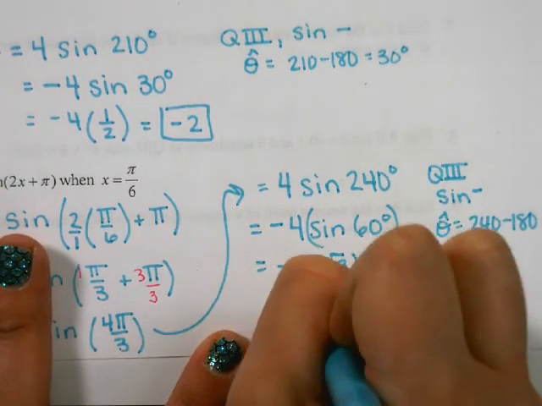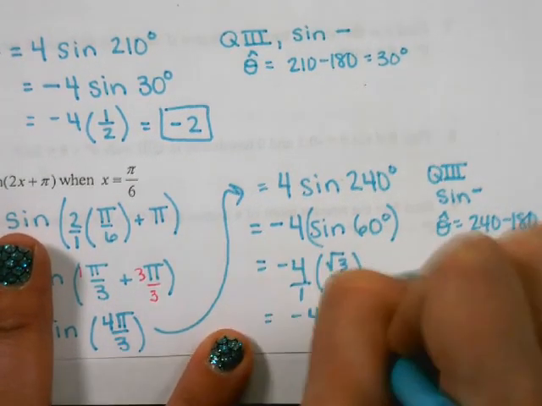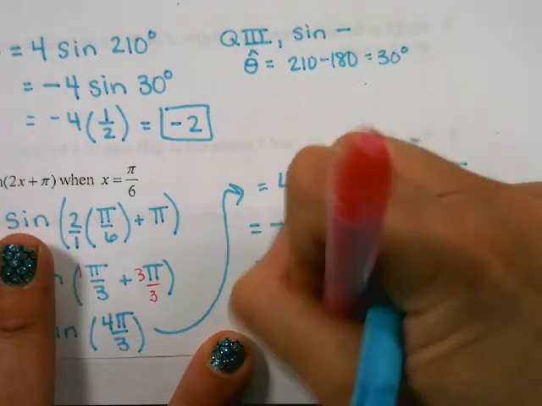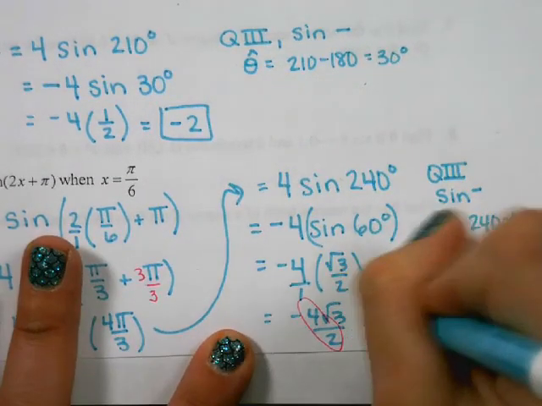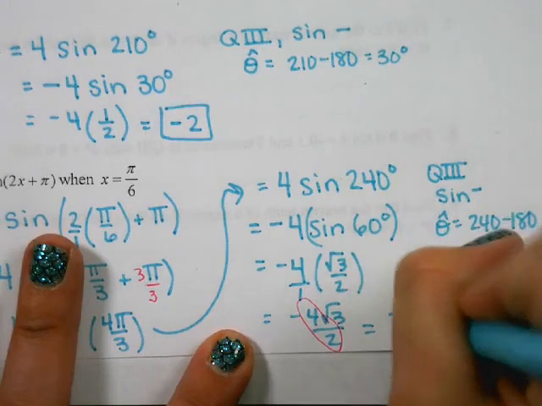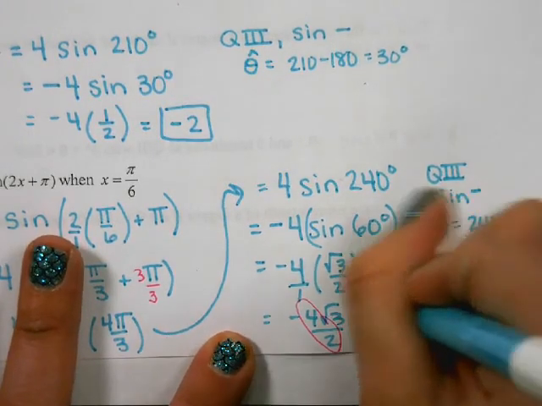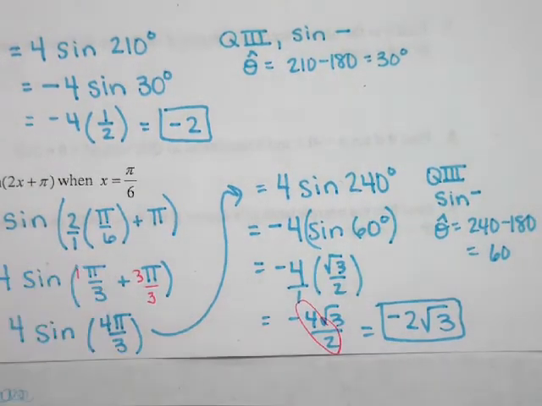Negative 4 root 3 over 2, and again we know how to reduce fractions. So negative 2 root 3 over 1 if you like, or just negative 2 root 3. Okay, questions on any of that?